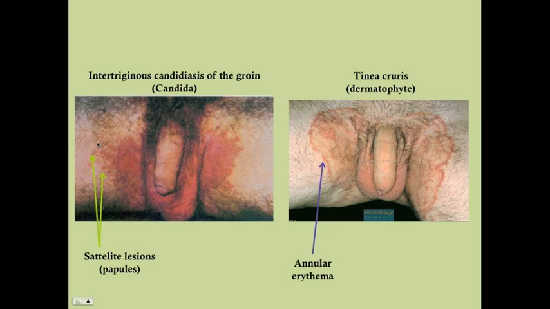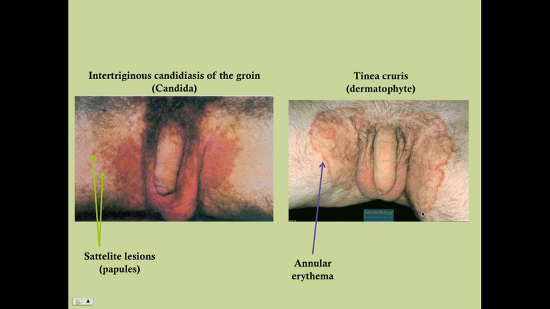Now, on the other hand, you don't see that with tinea cruris, with the jock itch, which is a dermatophyte infection. You do have the annular erythema. You have a ring of redness, but you don't see the satellite lesions. You don't see those pimples.